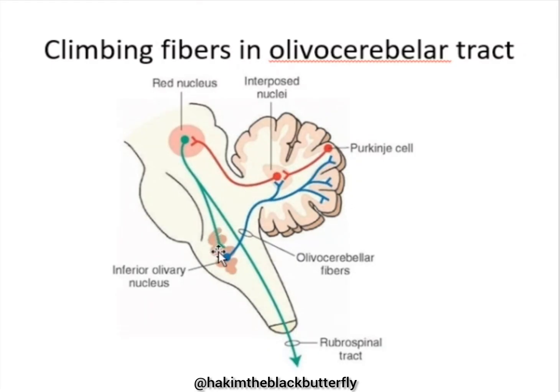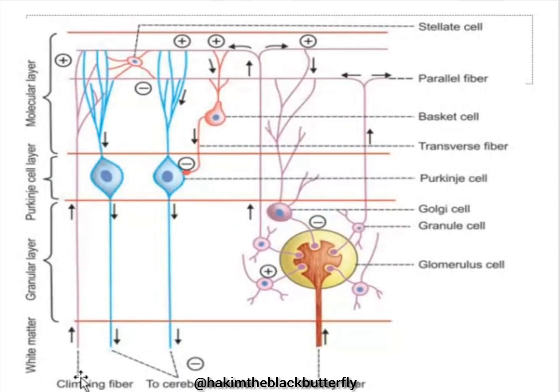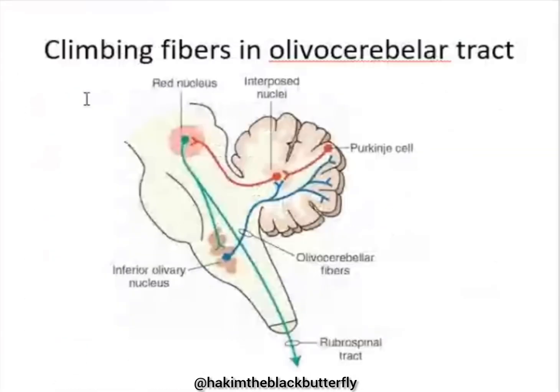So in the medulla oblongata, there is what we call the inferior olivary nucleus. Many or most of the climbing fibers originate from the inferior olivary nucleus of the medulla oblongata, and they will ascend as the olivocerebellar tract towards the cerebellar cortex. So these climbing fibers we saw entering, transmitting impulses to the molecular layer of the cerebellar cortex, most of them are coming from the inferior olivary nucleus of the medulla oblongata.